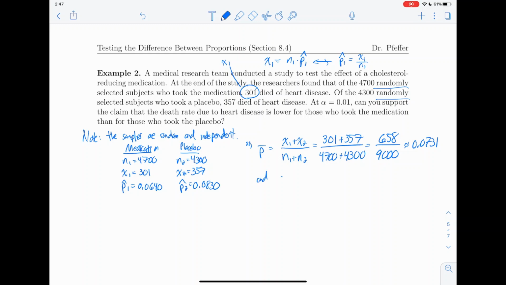And of course, Q bar is computed by taking 1 minus P bar, so that's 1 minus 0.0731, which is 0.9269.